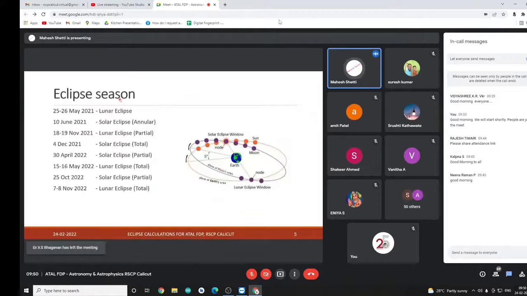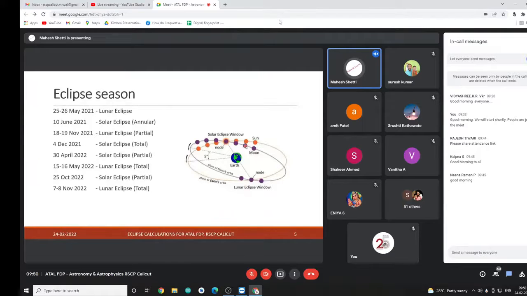Now there are eclipse seasons. You can see from this figure that this is the plane of the Earth's orbit, and this is the plane of the moon's orbit, and this is the line of node where they intersect. Now, on new moon day the moon is coming between Earth and Sun, so the new moon days are going to happen somewhere over here. Here there is no eclipse happening.